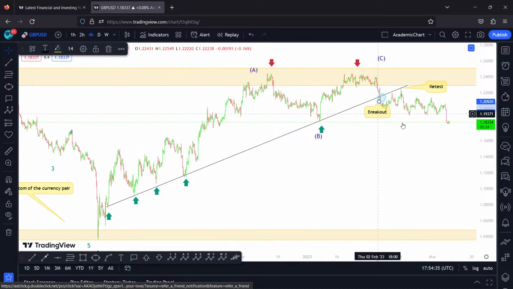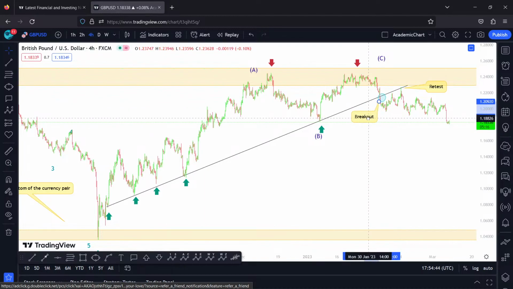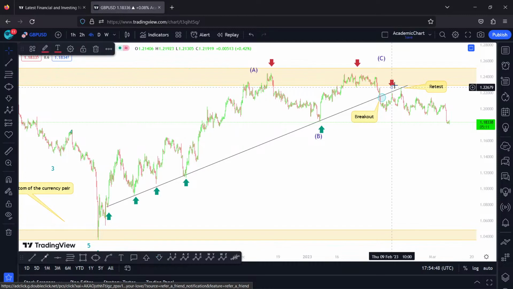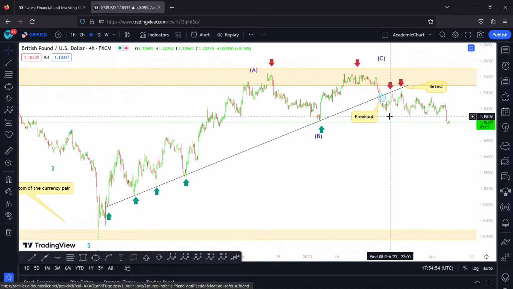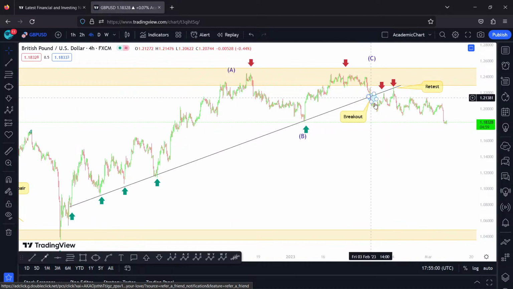It shows that these trend lines are also support and resistance. It used to be a support, but when the breakout happened, now we can see it behaving as resistance. Again, the polarity principle, but now on the trend line. So I can see it is broken and it has been retested.